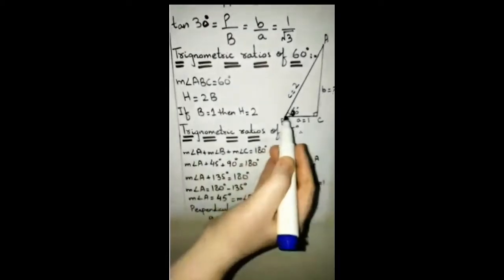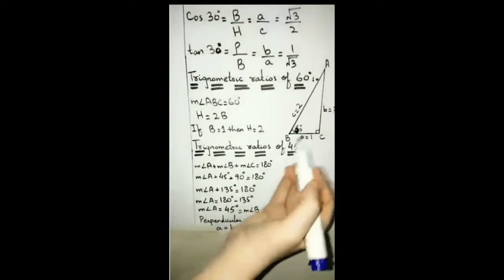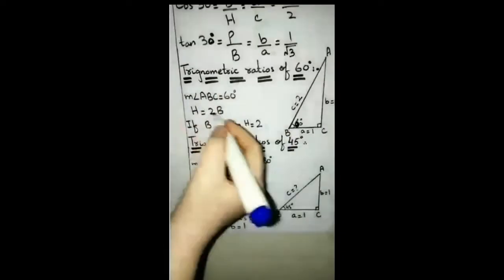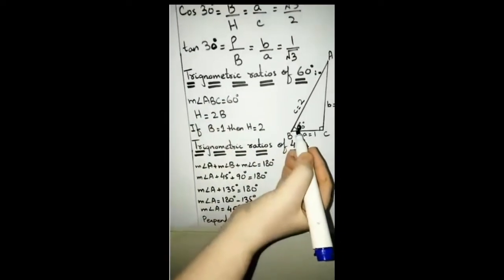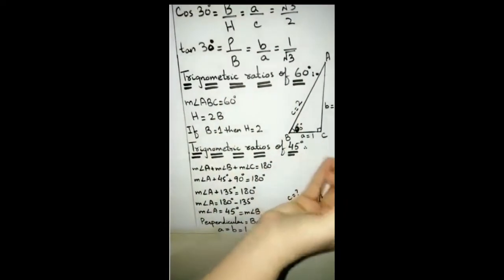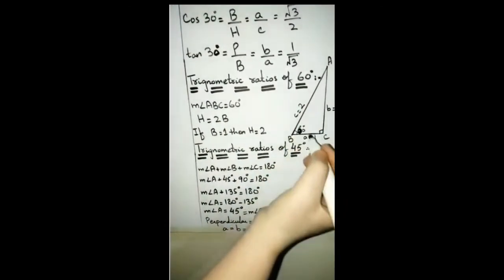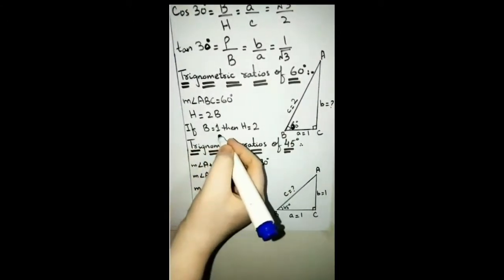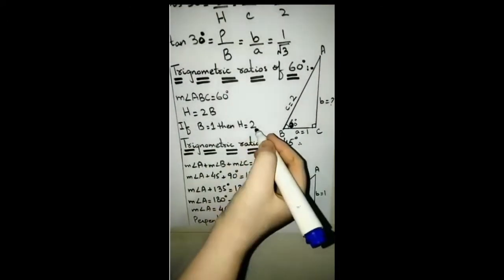Ratios of 60 degree. Draw a right angle triangle with angle 60 degree. ABC is a triangle and measure of angle ABC is equal to 60 degree here. In this triangle, the length of hypotenuse is equal to 2 times base. If B equals 1, then hypotenuse equals 2.